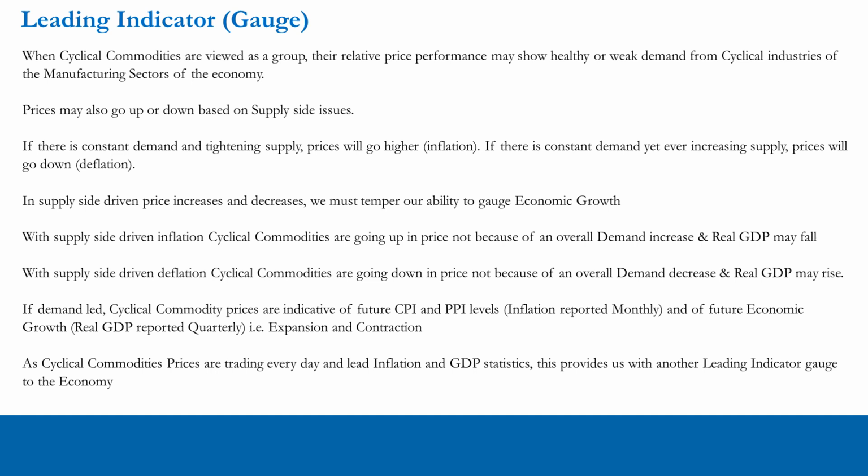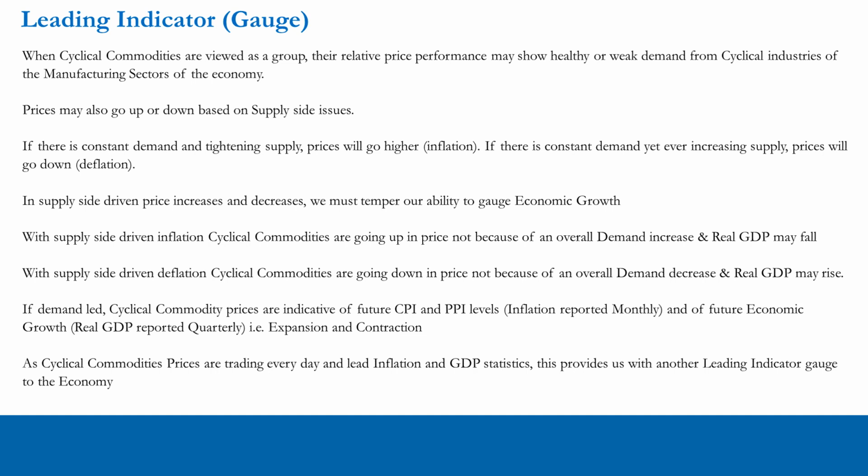Now, prices may also go up or down based on supply side issues. We mentioned this earlier. If there is a constant demand and tightening supply, prices will go higher. That means we're getting inflation, okay? So we're getting inflation from a supply issue, a tightening supply issue.